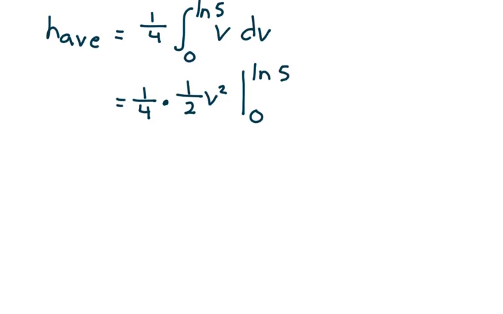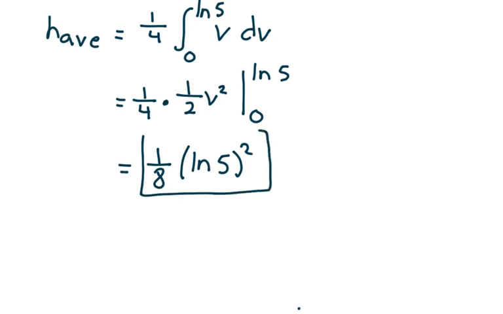But 1/4 times 1/2 is 1/8. So I'm going to plug natural log of 5 in for v. I get natural log of 5 squared, but I'm multiplying that by 1/8, right? And notice when you just plug 0 in for v, that's 0. So the correct answer for problem 8 would be 1/8 times the natural log of 5 squared.